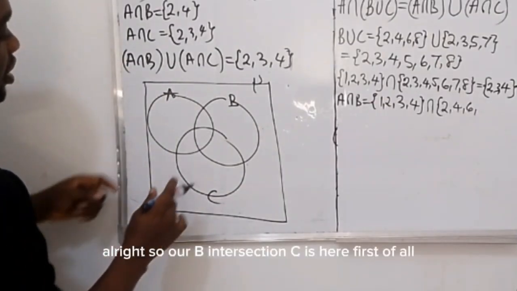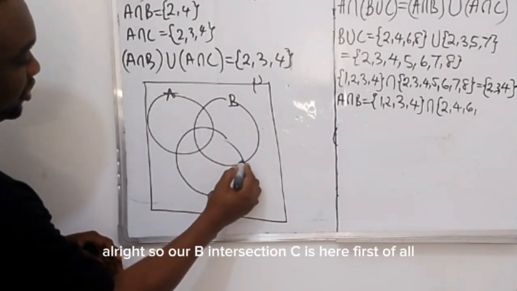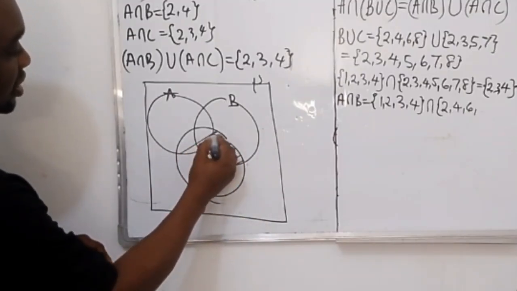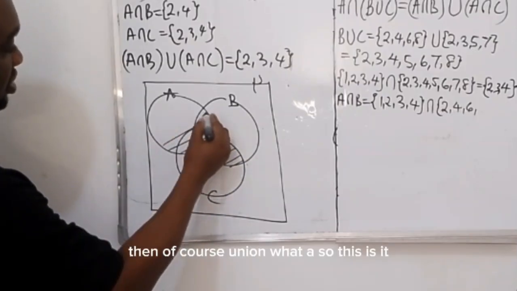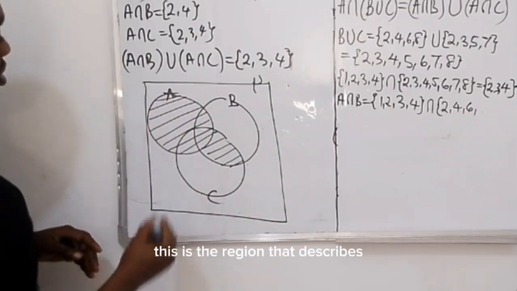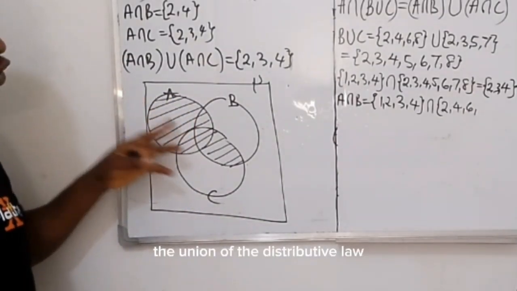All right. So our B intersection C is here. First of all, cut that one. Then of course, union A. So this is it. This is the region that describes the union of the distributive law.